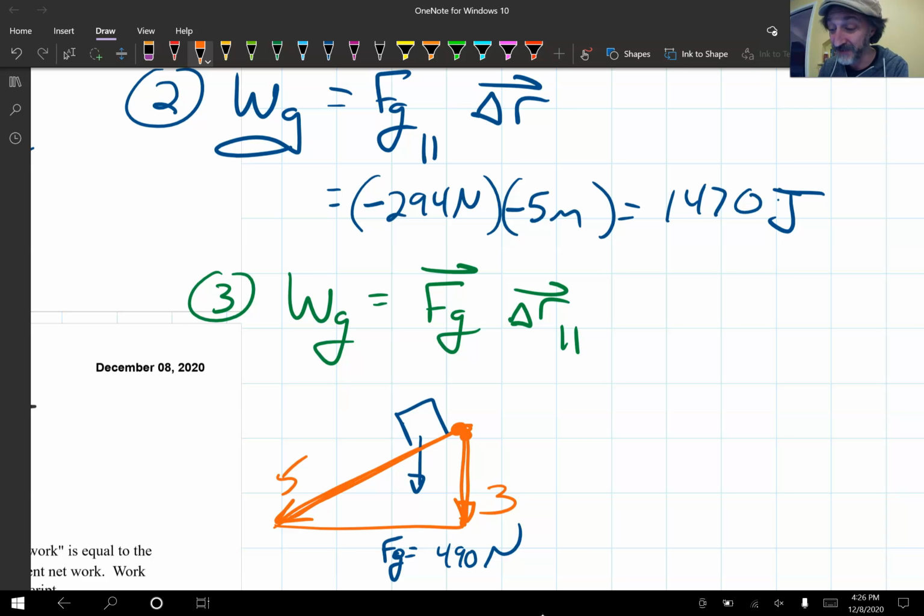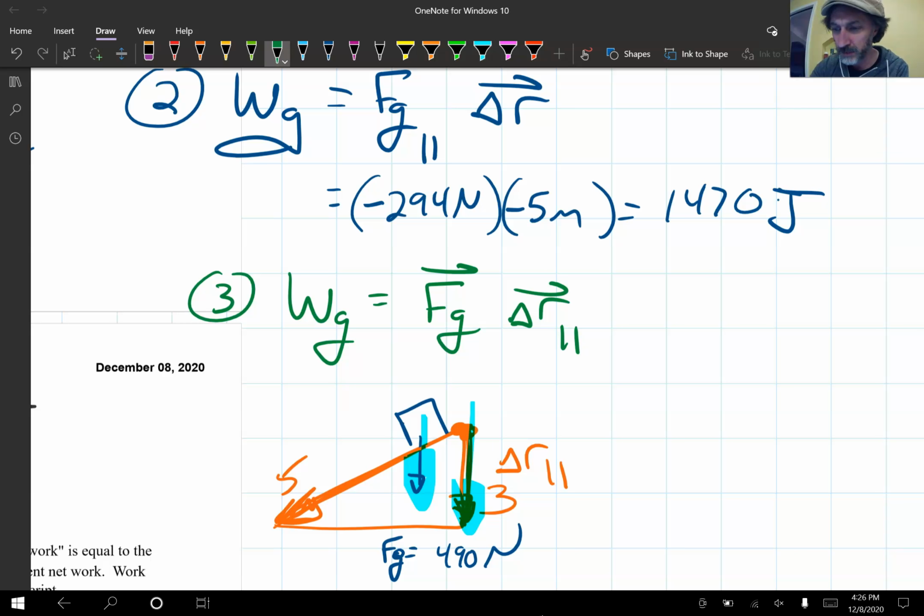If 5 meters is my displacement, isn't 3 meters the component of my displacement, which is parallel to the force of gravity? Right? Look, these two guys are parallel, right? Force of gravity's down, 3 meters down.